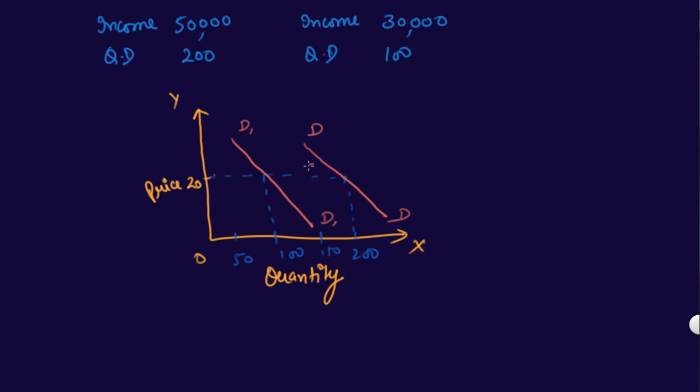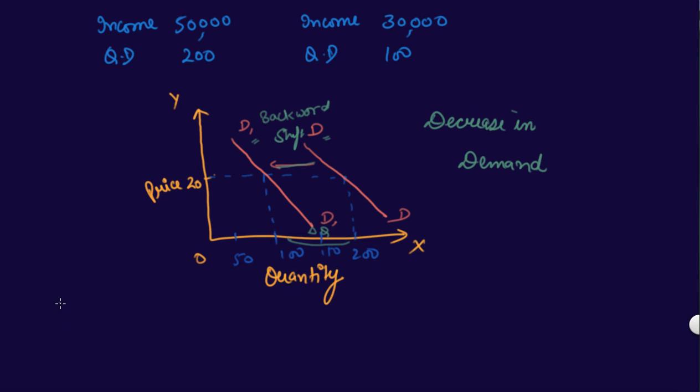It has shifted, the demand curve has shifted, your quantity demanded has reduced from 200 to 100, right? The initial demand curve was here, now you started demanding this. So there is backward shift of demand curve. You have reduced your quantity demanded, so this is decrease in demand.